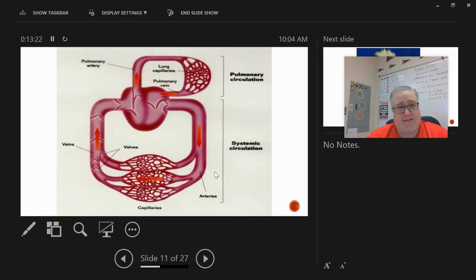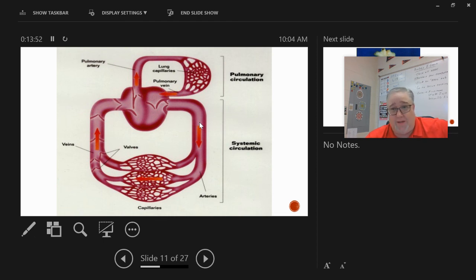All right, finally, the last thing I wanted to go through with you is just a couple of terms. They're called pulmonary circulation and systemic circulation. Pulmonary circulation is basically blood that is flowing to the lungs and back to the heart. So when you think of the word pulmonary, think lungs. Systemic circulation is when blood leaves the heart and goes to everywhere else in the body.